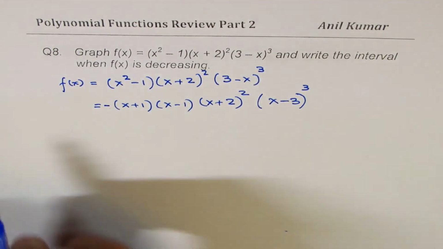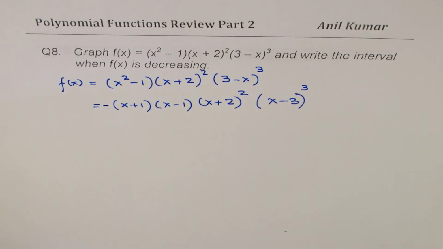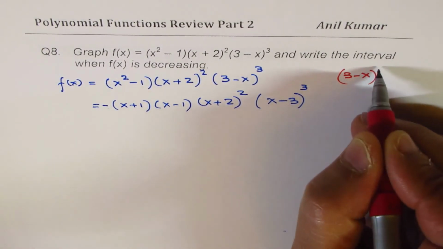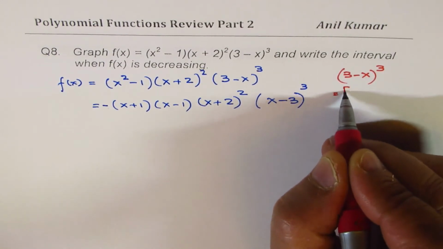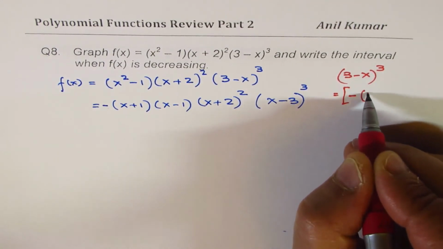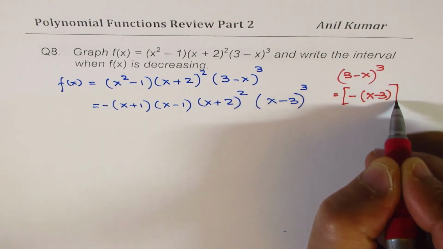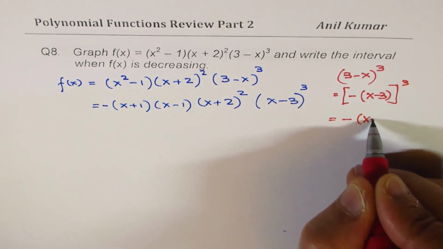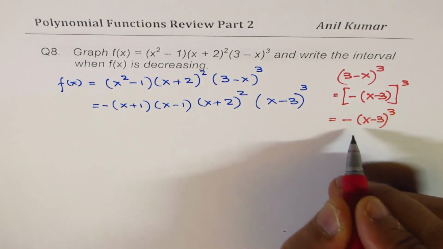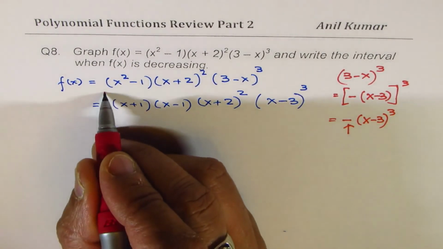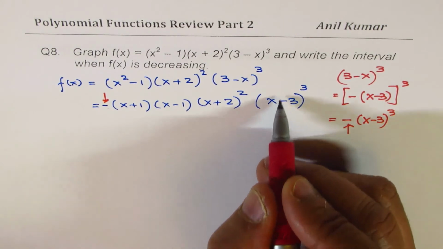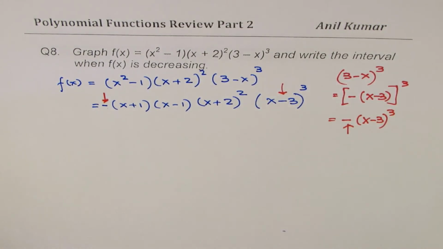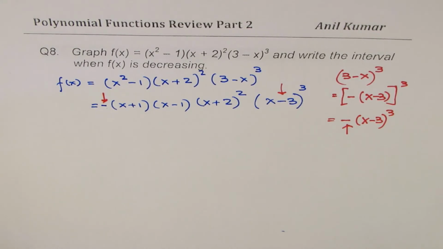So it is very important to understand that the factor 3 minus x whole cubed could be written as minus of x minus 3 whole cubed. So this negative is shown here, and here we have x minus 3 whole cubed. It is the most critical step in this particular question.